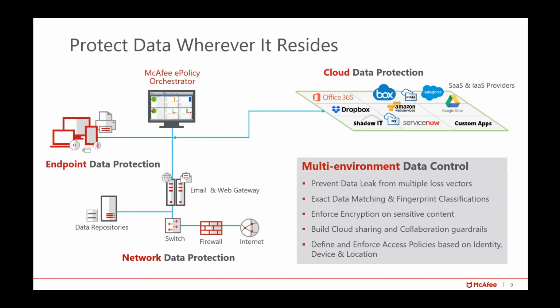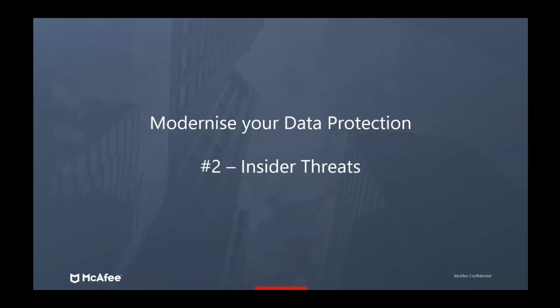And define and enforce policies based on identity, device, and location. Again, very important, right? In the age of BYOD, in the age of any device, anywhere, any application, it's important for us to apply identification means at different points and apply data controls on top of that. Sanchit, let's move to the next slide and the slide after that.